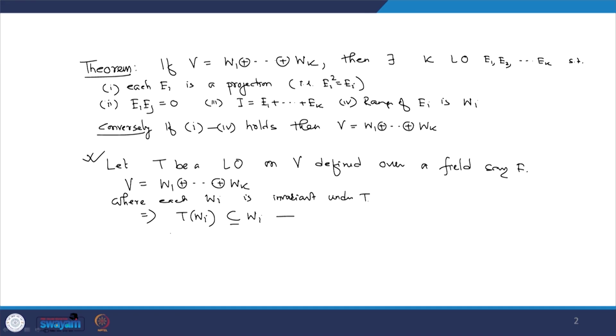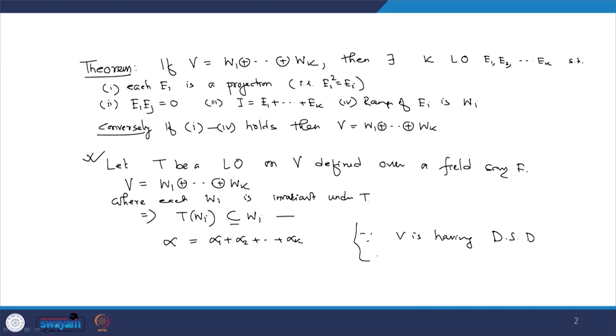And then if I write alpha equal to alpha 1 plus alpha 2 plus alpha k, since V has direct sum decompositions, I can have this type of k-tuple alpha 1, alpha 2, alpha k, where alpha i comes from Wi.